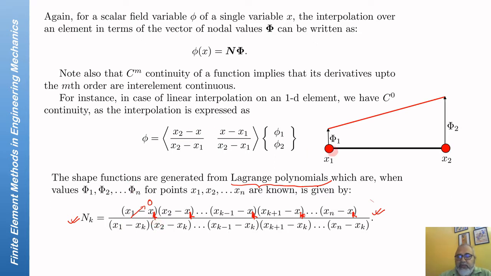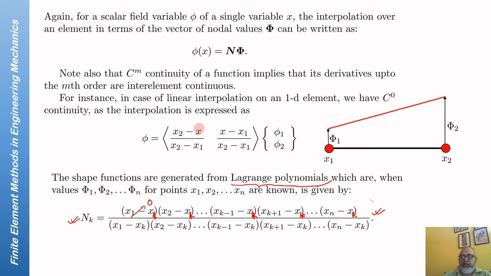Now we can do this for an element with 2 nodes, and we will write the shape functions directly as N1 equal to (x2 minus x) divided by (x2 minus x1), and N2 equal to (x minus x1) divided by (x2 minus x1). So if I put x2 here, this is 1. If I put x1, this is 0. Here, if I put x1, this is 0, and if I put x2, it is 1.